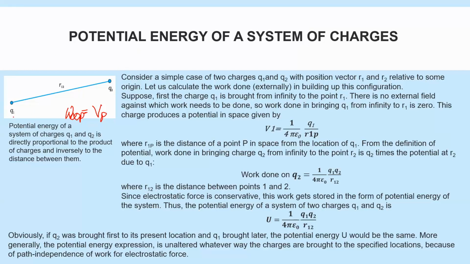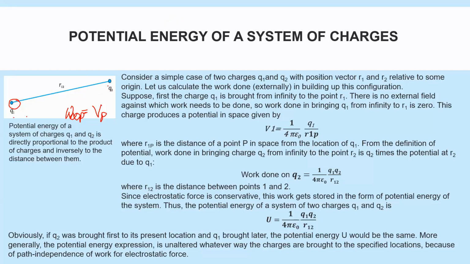Now Q1 has already come to this point. When we do work in bringing the charge Q2 from infinity to the point R2, that is going to be Q2 times the potential at R2 due to Q1. This goes back to Q1 being the source charge and Q2 a test charge brought from anywhere in space to this point.